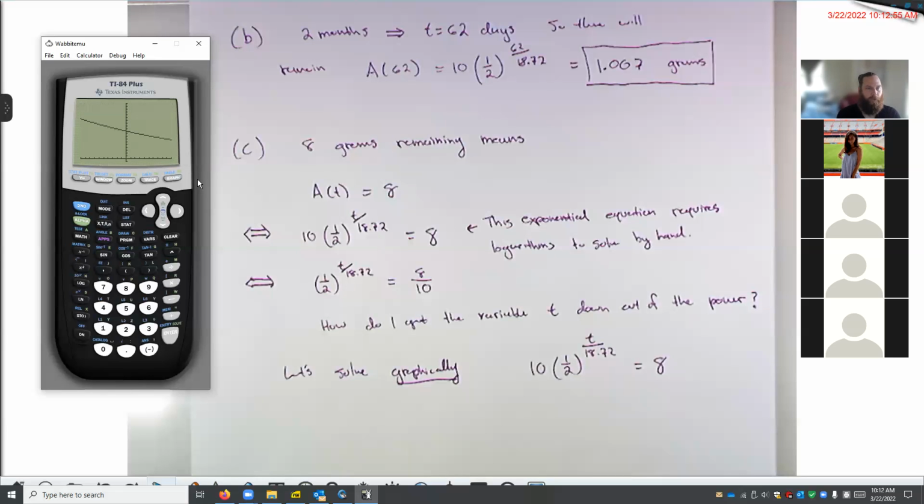So here is that exponential function. If we zoomed way out, you would see it has the same shape that all the decaying exponentials have. But I'm looking for an intersection point with that thing and the line y equals 8. And I see it. It's right over here. I can use the trace function on the calculator to try and get an idea.